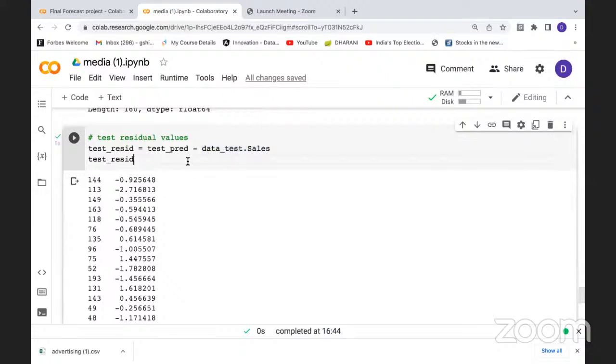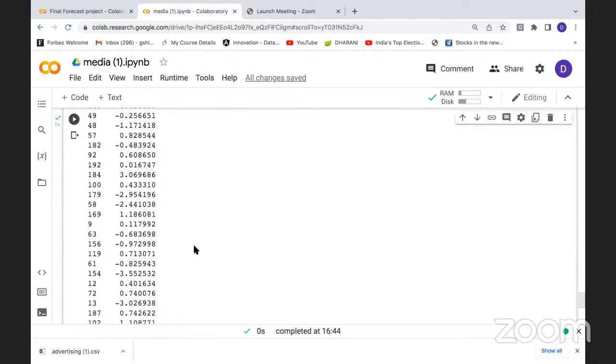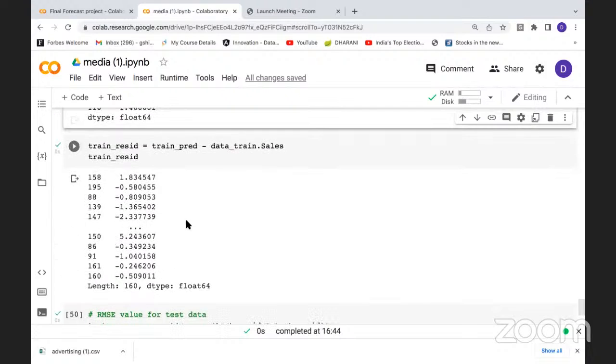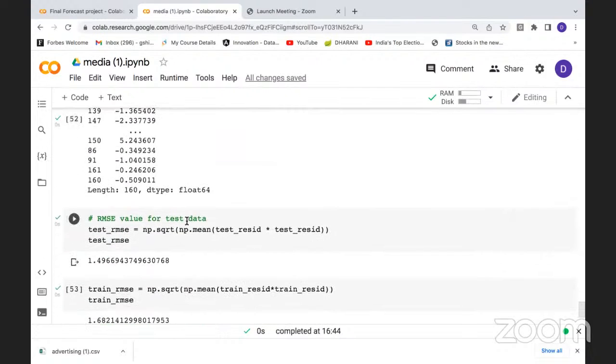Okay, this is my y hat. This is my y value. Y hat minus y will give me the error, and these are the errors. So 80-20 ratio we have. These are the errors for train data. These are the errors for test data and train. So here you have to remember one point: we have seen confusion matrix as the evaluation metric for classification.